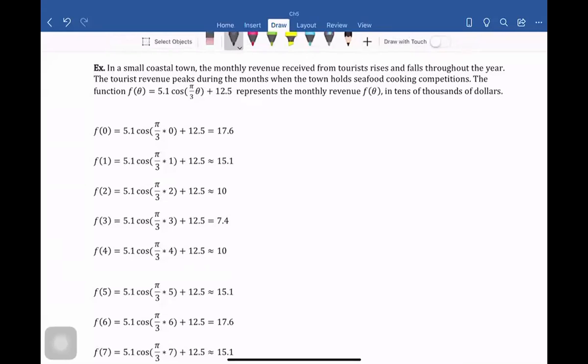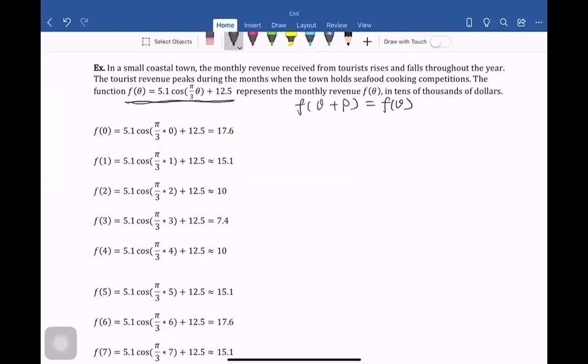The function they gave us represents the monthly revenue f of theta in tens of thousands of dollars. What's the meaning of this? This expression represents the monthly revenue, and we want to know, is this function periodic? That means, is f of theta plus p equal to f of theta?